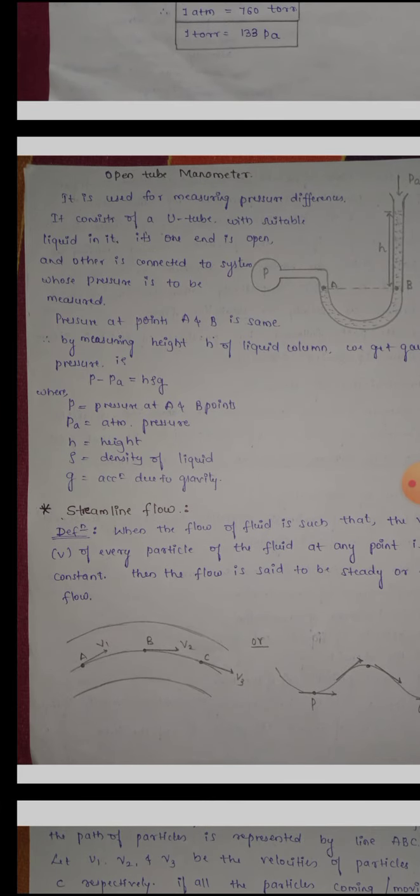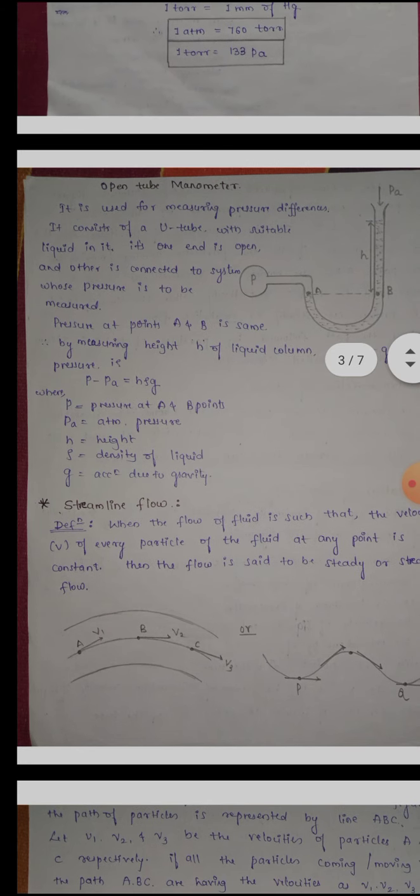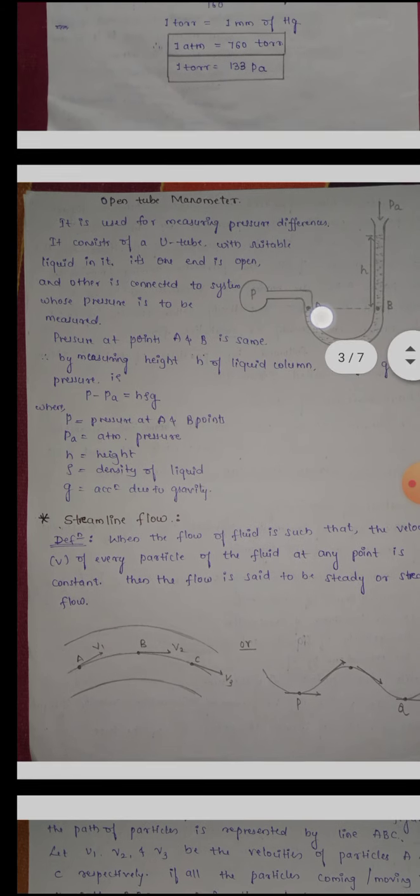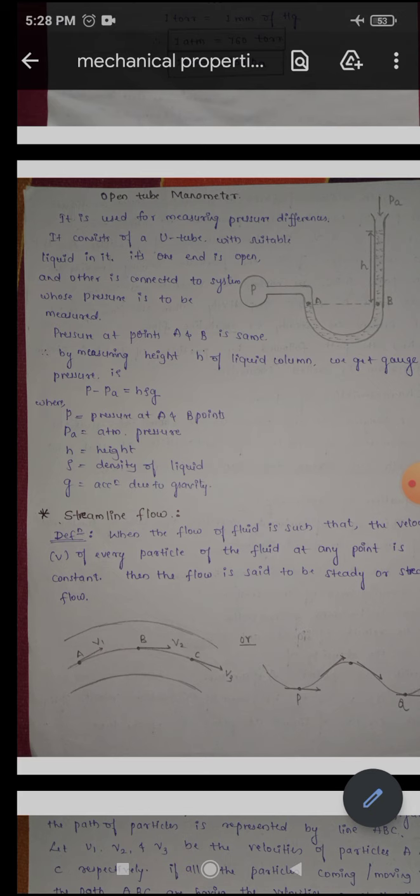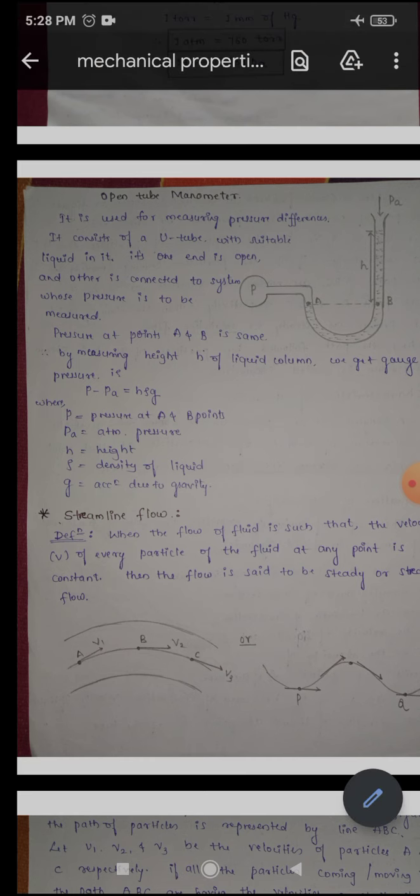And see, in this diagram it consists of a U-tube. This is a U-tube which has a suitable liquid in it. Suitable liquid means if we want to calculate the smaller pressure difference, then we will use the lower density liquids like oils.